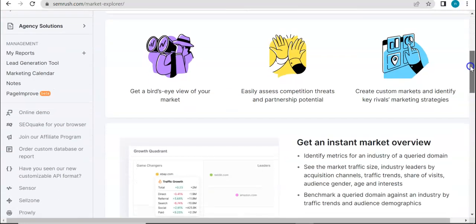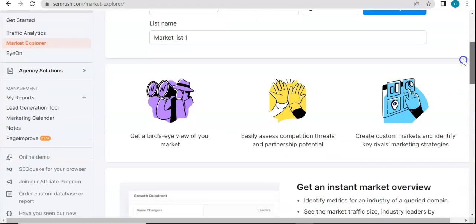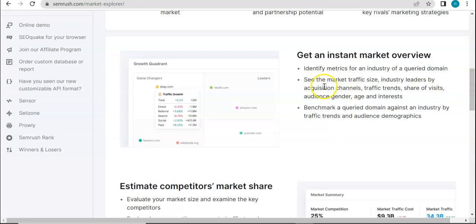So yeah, basically here with Market Explorer, we get a bird's eye view of the market in general, and then be able to easily assess competition threats, and also create custom markets and identify key rival marketing strategies. So here we can also get an instant market overview.